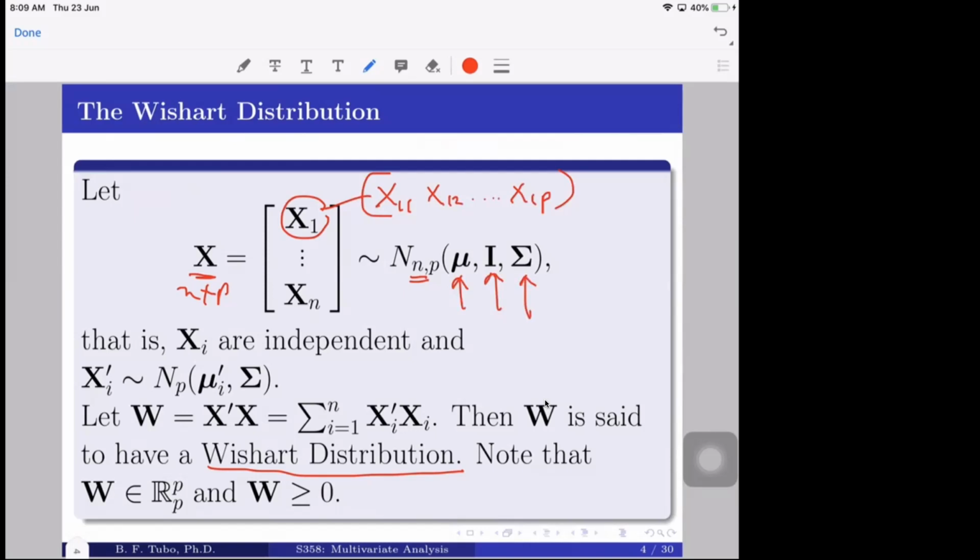And the x sub i's, each of these are independent. That's why we can assume psi here to be just I because of this assumption. And each component there is still normally distributed.